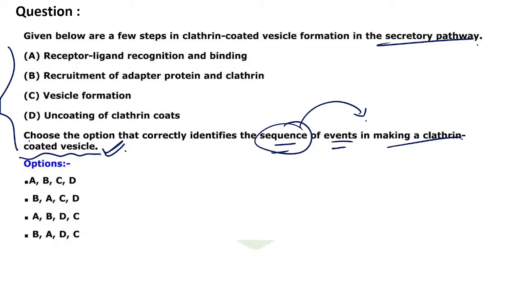Let's see the answer. Simple question. Very good. You have the receptor ligand recognition and binding as the first step, recruitment of adapter protein and Clathrin second, then vesicle formation, and then the uncoating. Simple answer. No other thing is required to know the answer.